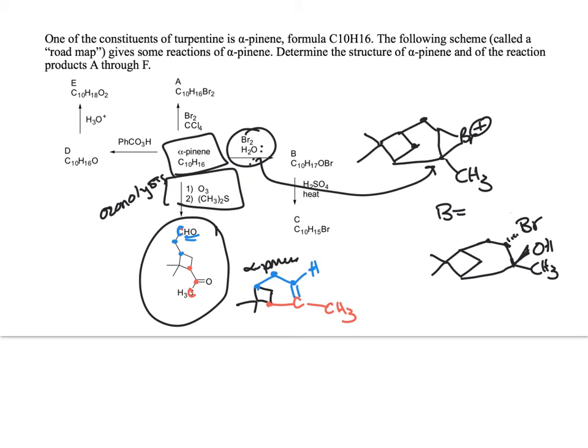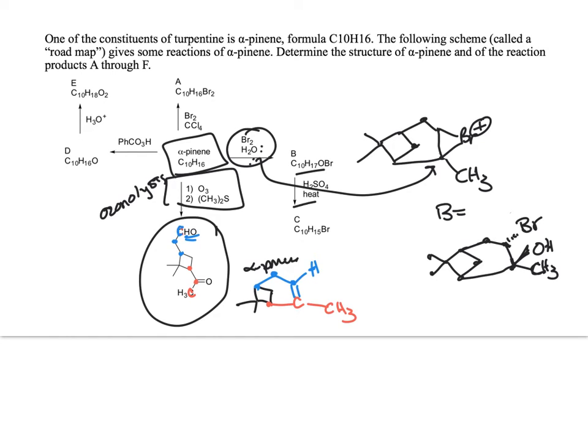There you go. And you can count that. C10, so you get 1, 2, 3, 4, 5, 6, 7, 8, 9, 10. And you should have 17 hydrogens, 1 oxygen, and 1 bromine. So that's the structure for B.